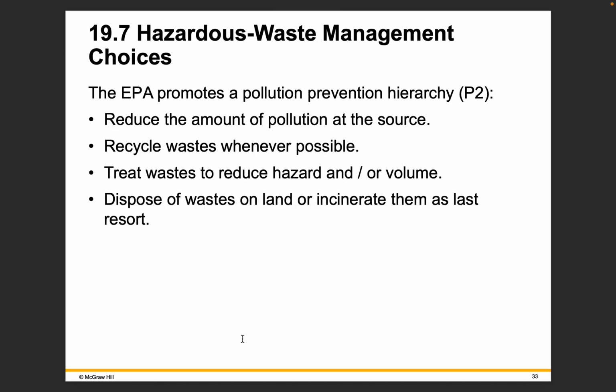All right, what are the choices with hazardous waste management? Well, the EPA promotes a pollution prevention hierarchy. First is to reduce the amount of pollution at the source, make less pollution in the first place, right? Recycle waste whenever possible, treat waste to reduce the hazard or volume, and dispose of waste on land or incinerate them as a last resort.